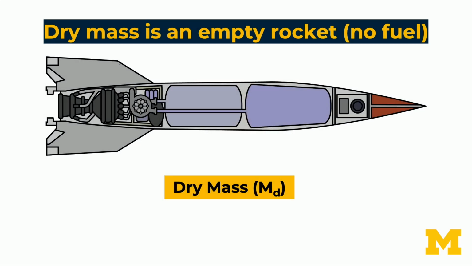All right, so let's look at this thing called the V2 rocket, which we'll talk about in the history section a lot. This is a nice example because the V2 rocket is a very simple rocket. It's a single stage rocket. So the dry mass of a rocket is the empty rocket with no fuel. All right, so you basically take all the fuel out of the rocket and you measure its mass, and that is called the dry mass.